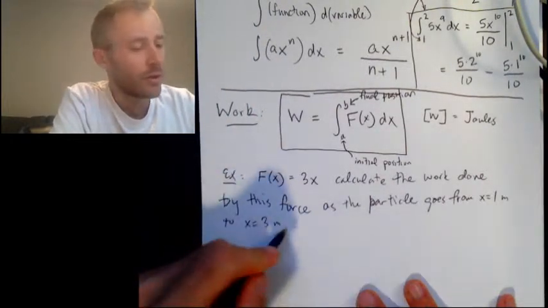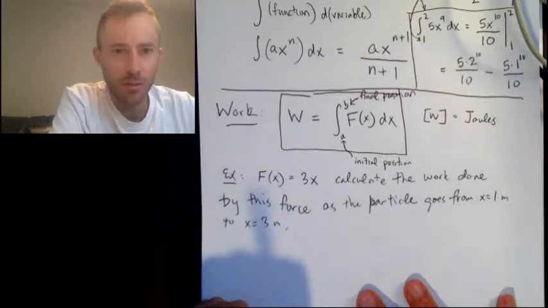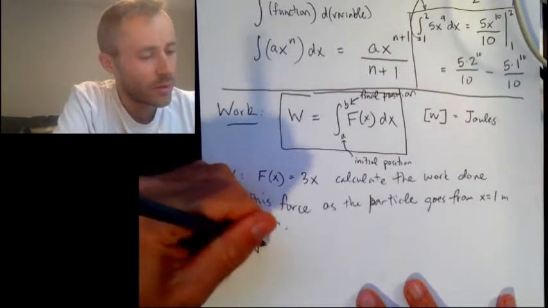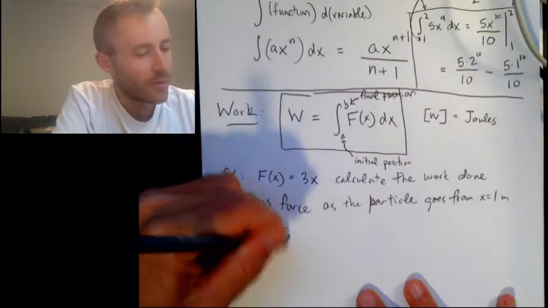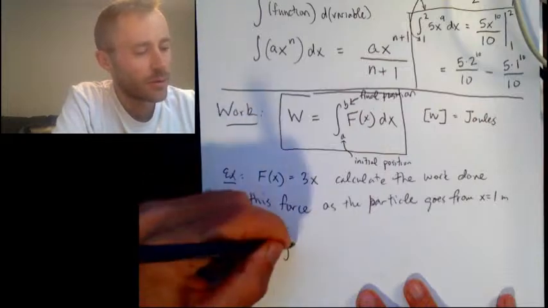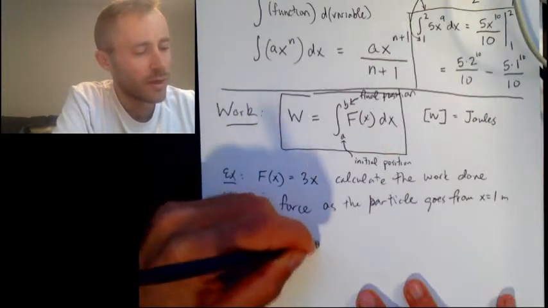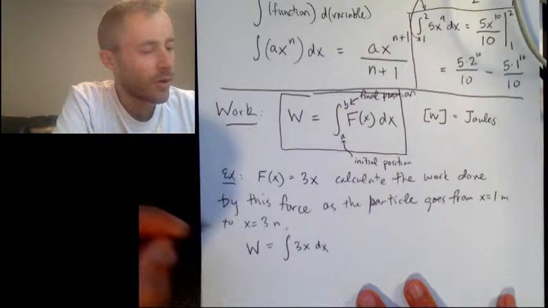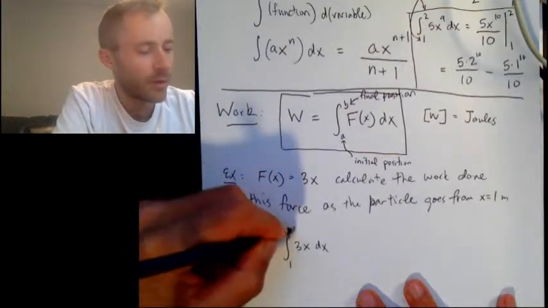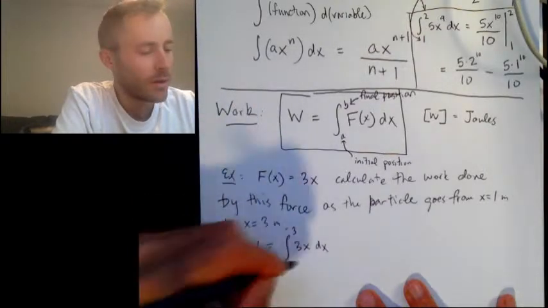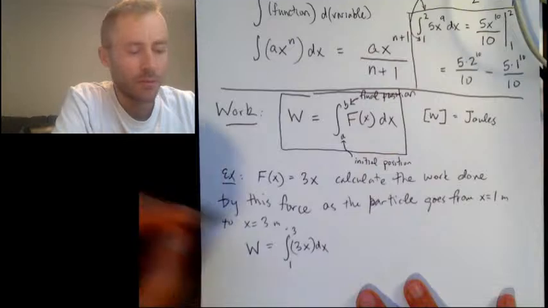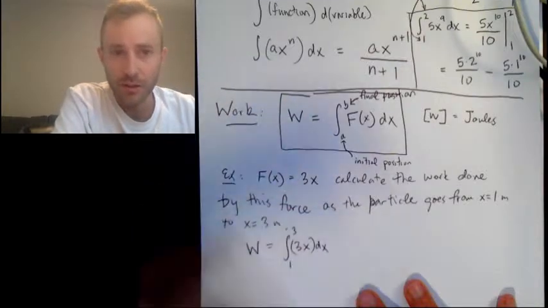So when we're solving this problem, we would say work equals the integral of the force field, which is 3x dx, from 1 to 3. So first step is to just find the integral as you would usually.